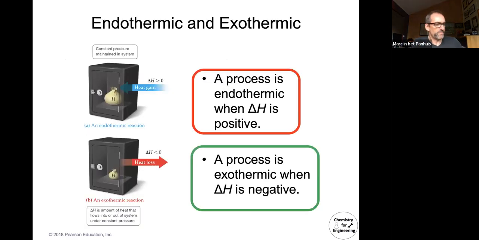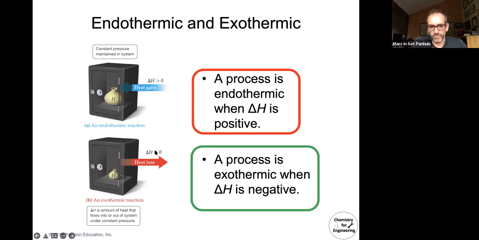And then we can look again back at our endothermic and exothermic processes. In a process that is endothermic, where you gain heat, our delta H is generally positive. So we're gaining something, so the change in enthalpy is positive. If we're losing something, so if energy is coming out, then delta H is a negative value.